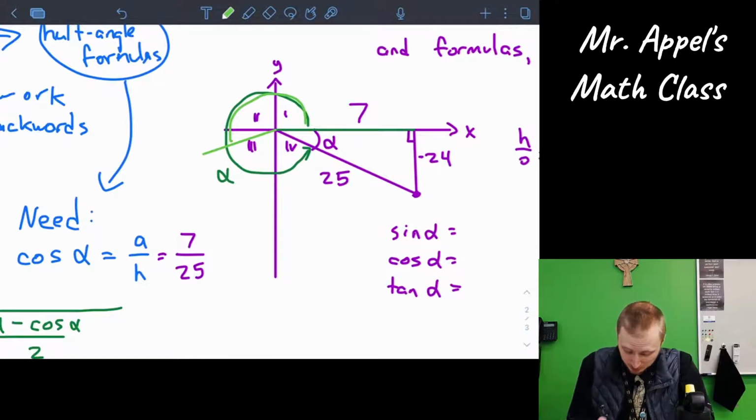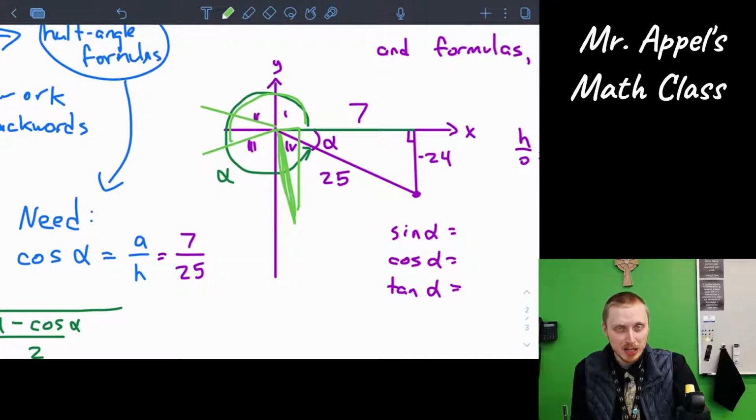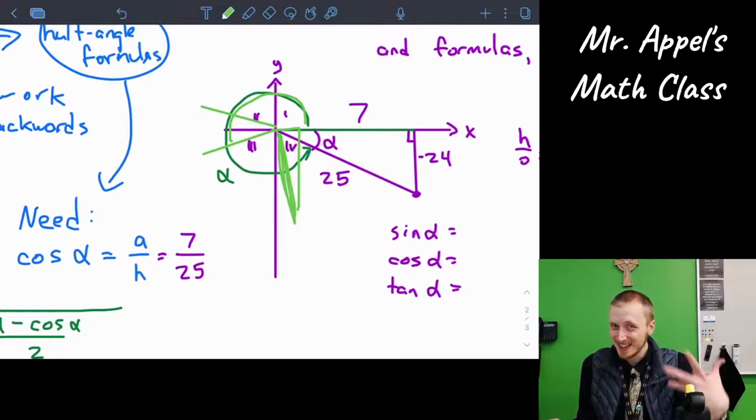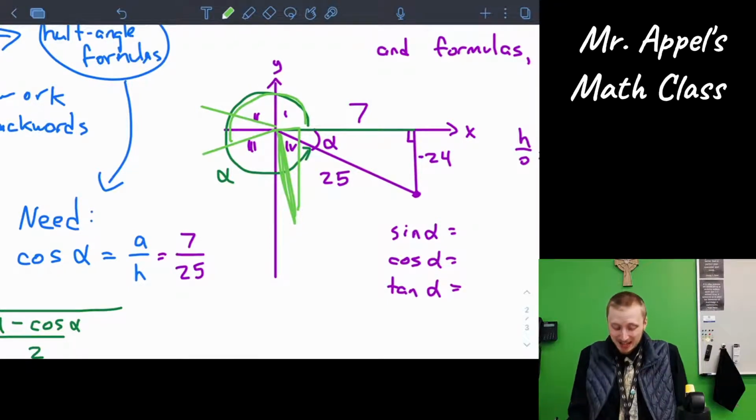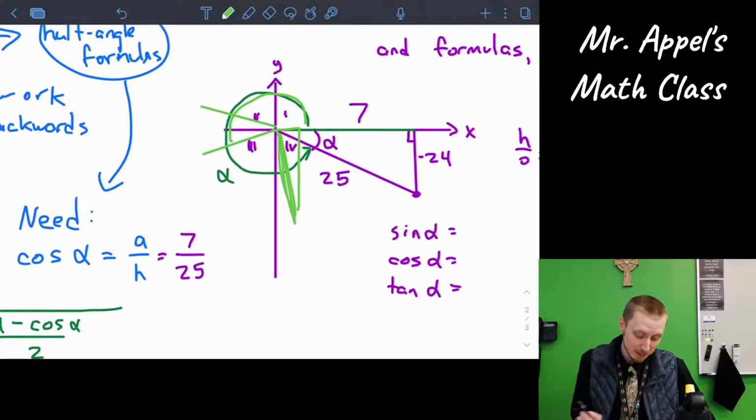We already determined that alpha was supposed to be like this if my 7 and 24 was more to scale. So half alpha could end up in quadrant 2. I'm not really sure yet. Do we agree on that? It's not immediately obvious which one it is actually supposed to be. Is it plus or is it minus?